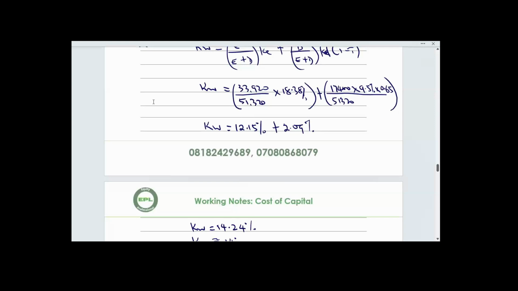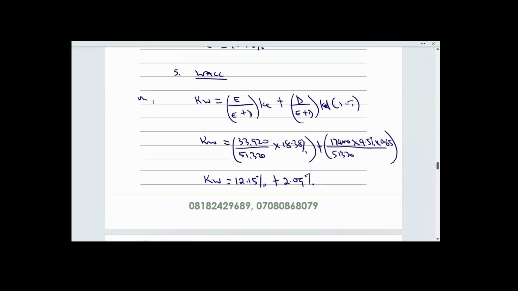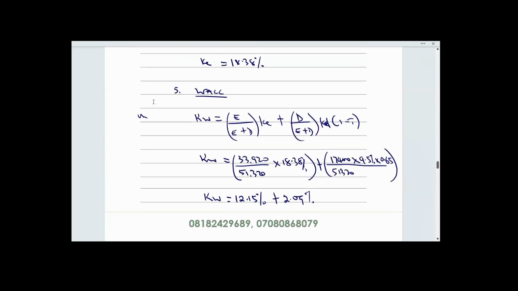The last place, where you have the debt, 17,400 times 9.5% times 0.65 divided by 51,320. I'm not disputing the fact that we have 2.09, but in the calculator, you see a minus on top, minus 0.3.